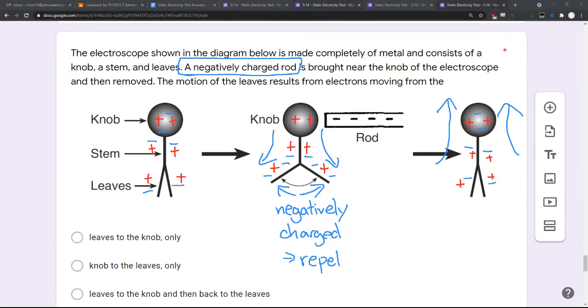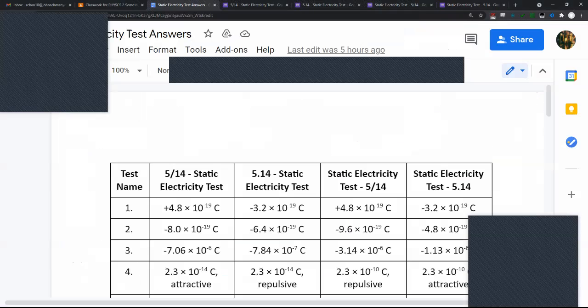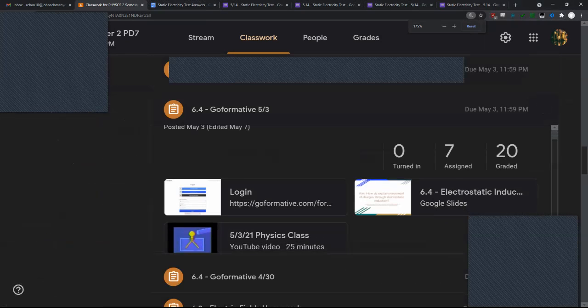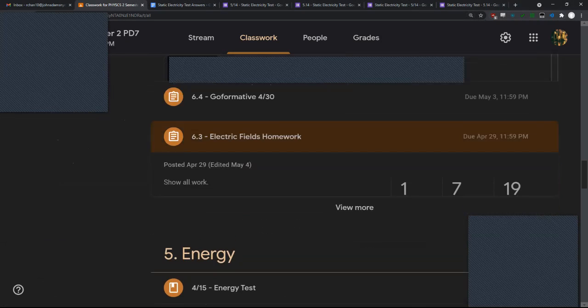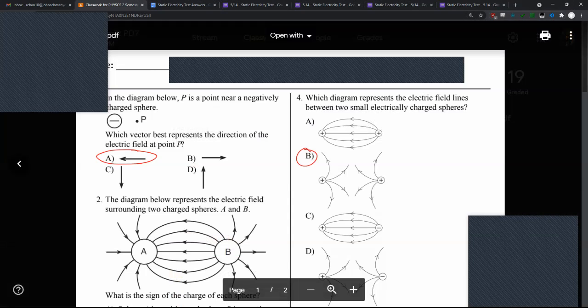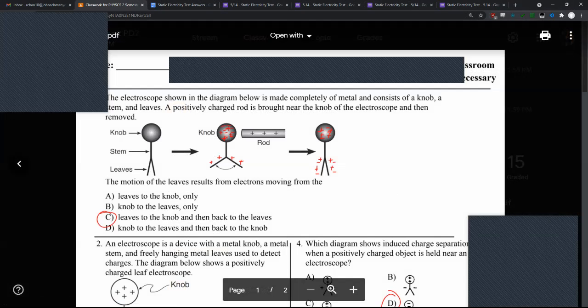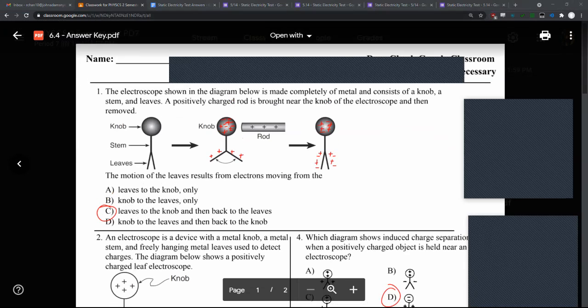This question was question 1 on homework 6.4.